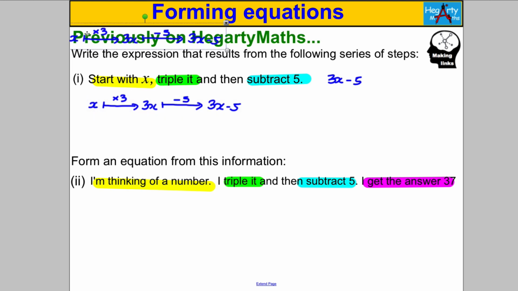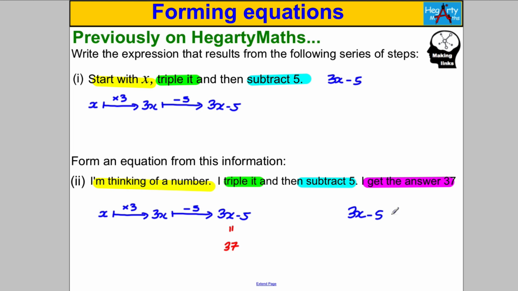I'm thinking of a number x, I triple it, I take away 5, but this time we know that what we ended up with is equal to 37, which I'm going to write in neat algebra as 3x subtract 5 is going to equal 37. And there you go, that is the equation formed. I have formed an equation from this problem.